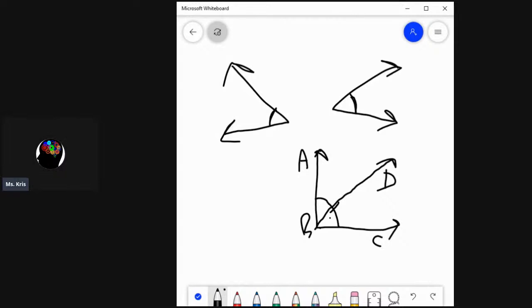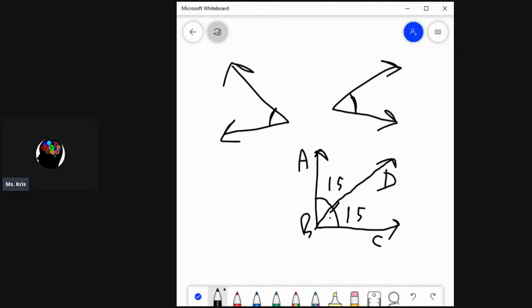So if ABD is 15, by definition, that means angle DBC is 15. So when we're dealing with our definitions, know that bisecting ABD and DBC means that my angle measurements are the same.